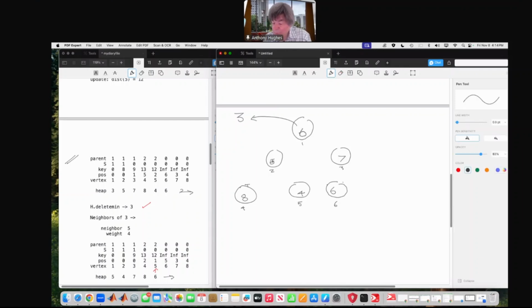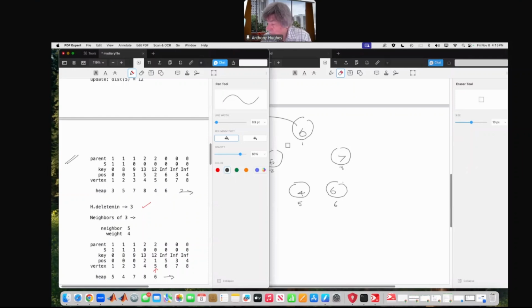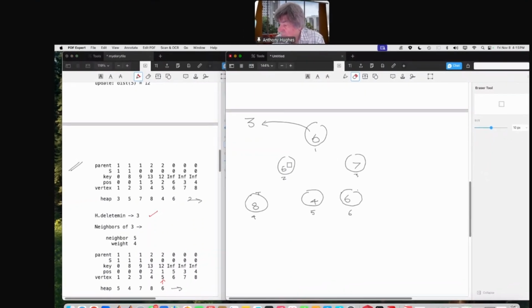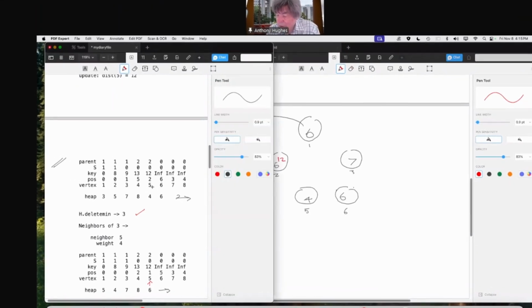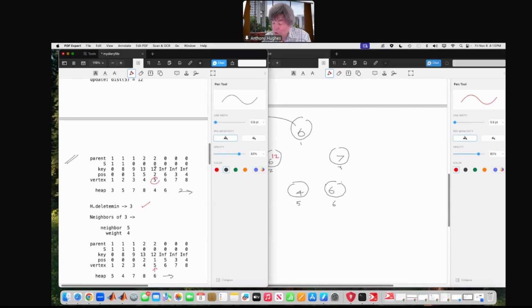Well, let's put in the values that we've got for this. So the key for 5, let's do values in red, is 12.